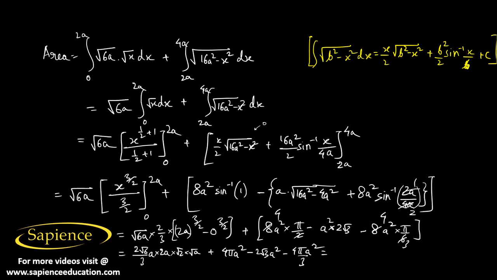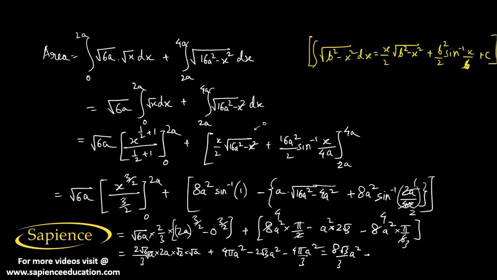So this will be 2 root 2 into root 2, that is 2, so 4 is 8. This will be 8 root 3 by 3. This is root a times root a, that is a times a, that is a square.